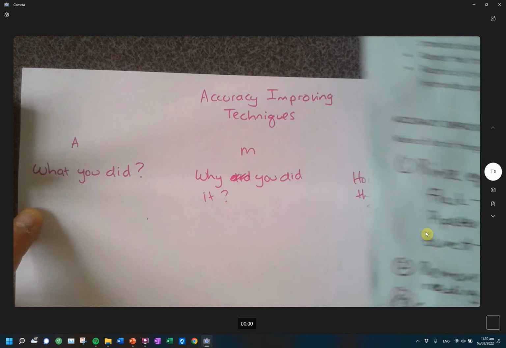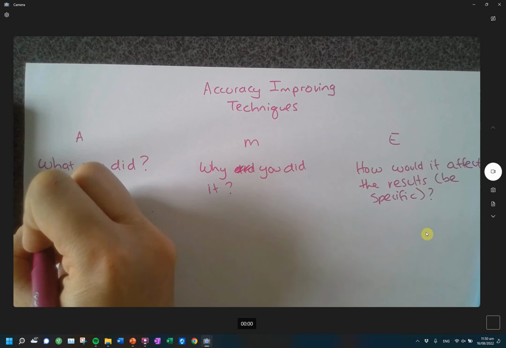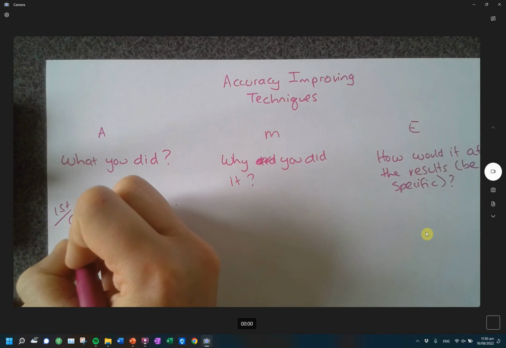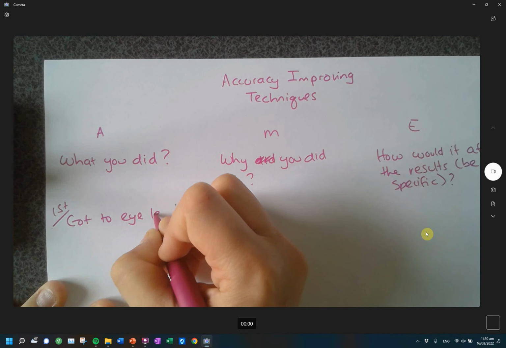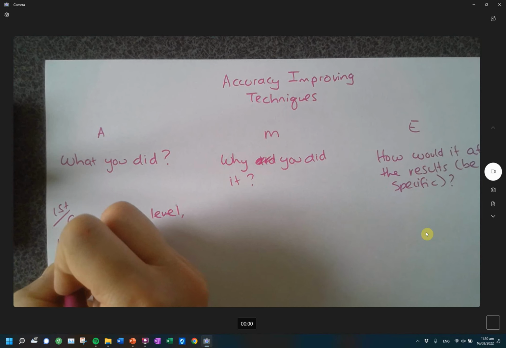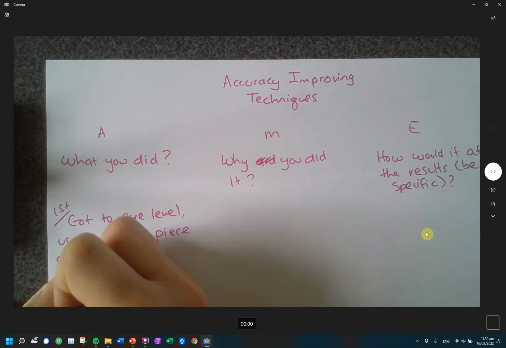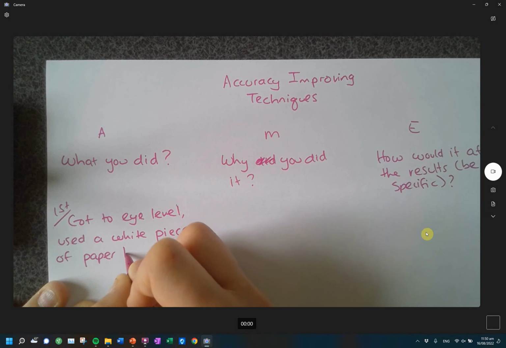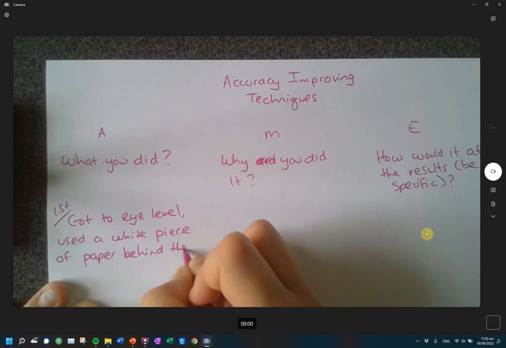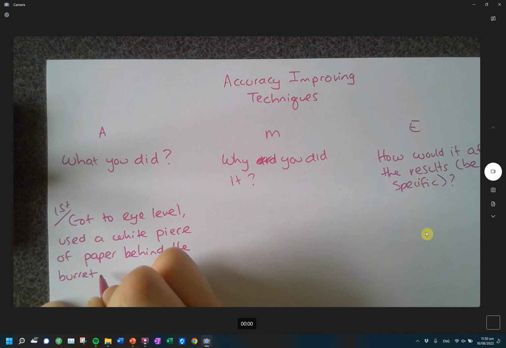So if I was talking about what I did, I would be describing that as my thing. So I'm going to write down that this is my first example: I got to eye level, used a white piece of paper behind the burette, make sure I spelled burette properly.